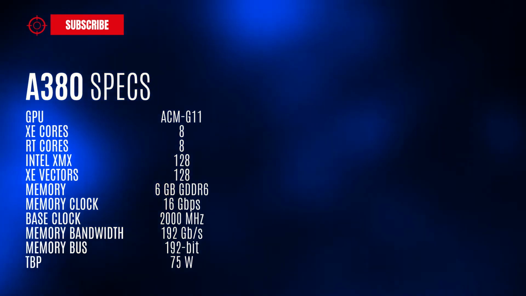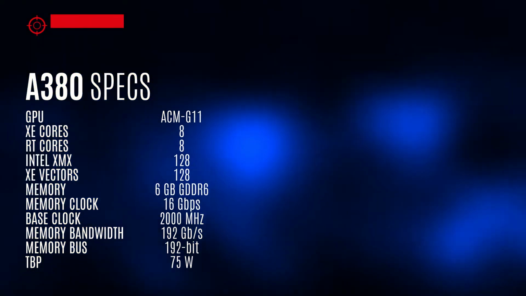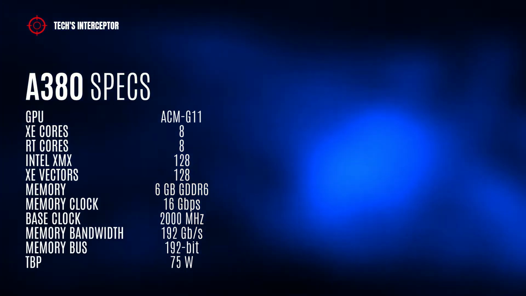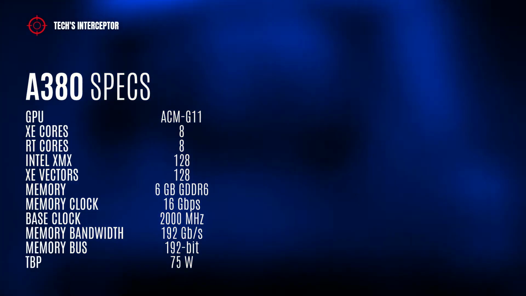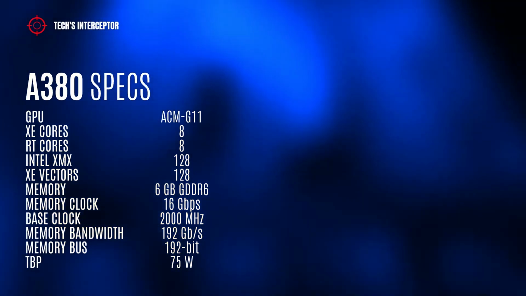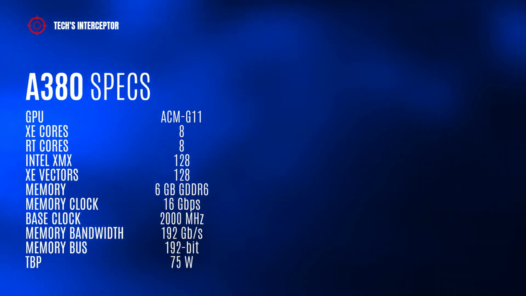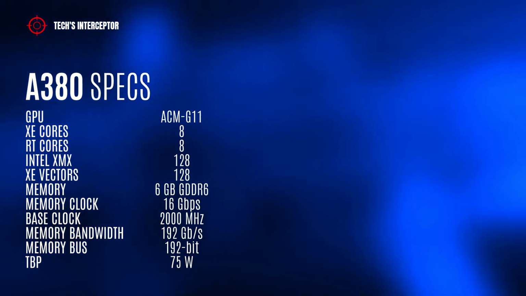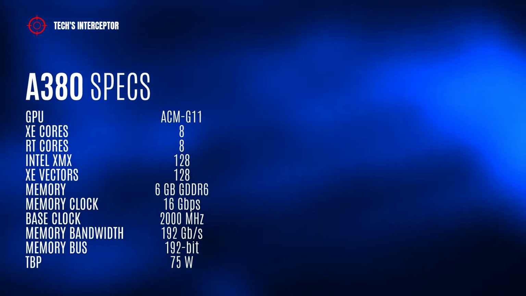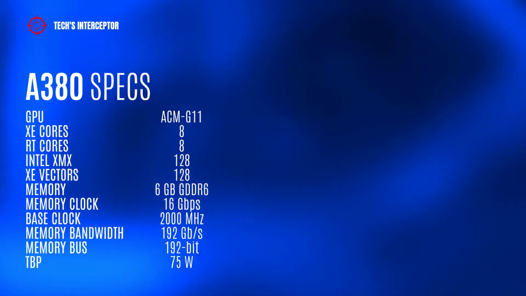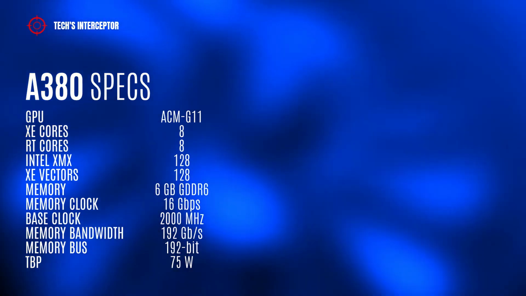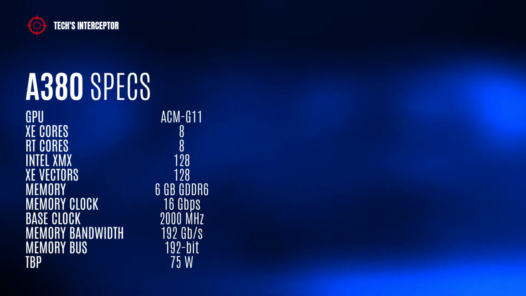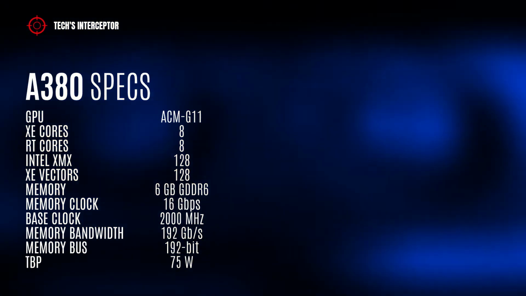It features the ACM G11 GPU, 2 render slices, containing 8 Xe cores and 8 ray tracing units, 128 Intel XMX matrix engines, 128 Xe vector engines, 6 GB of GDDR6 memory operating at 16 Gbps, 2000 MHz of base clock, 192 GB per second of memory bandwidth, all with a very low TDP of 75 watts.